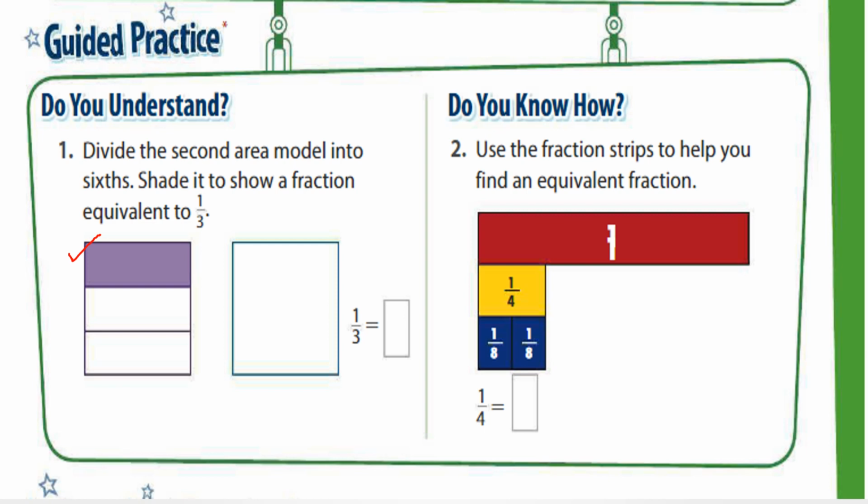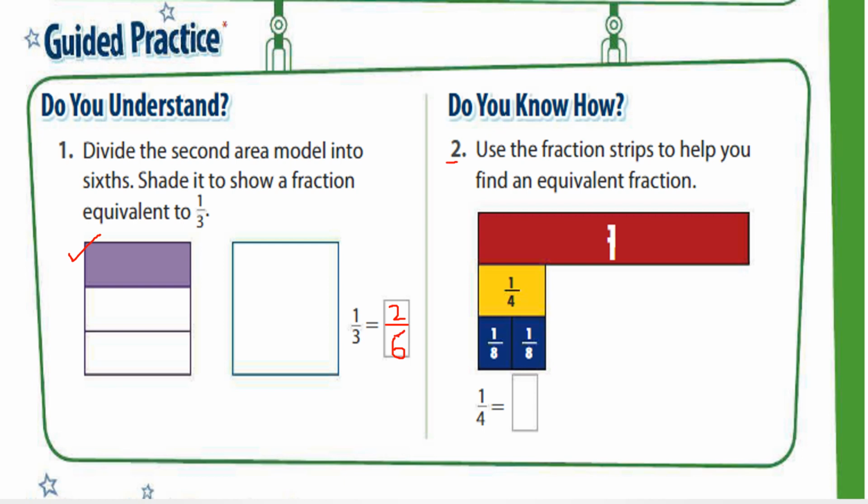So what is the equivalent fraction of 1/3? Quickly, double the numerator. What is my numerator? Excellent. 1 plus 1, 2. What will be my denominator? 3 plus 3, 6. Very good.